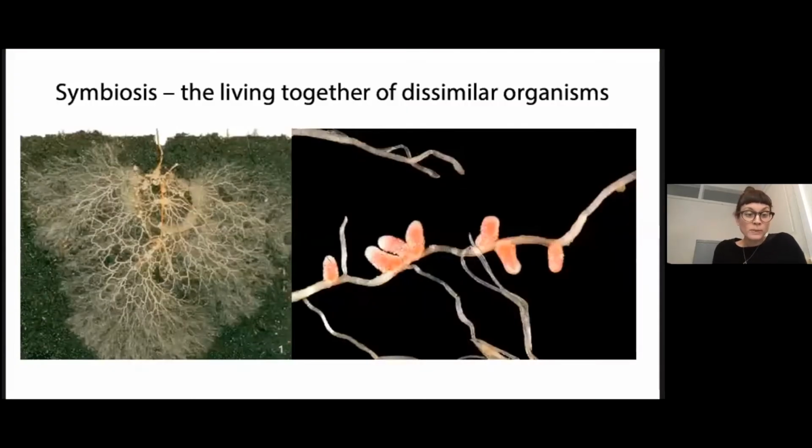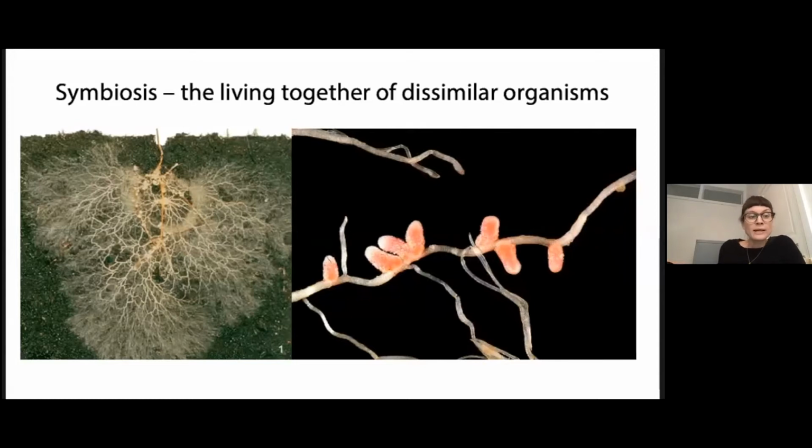So it can, of course, be complicated enough to understand the selective pressures within an individual species, but it has long been recognized that a species doesn't exist in a vacuum. They also interact with other species very often, very closely.